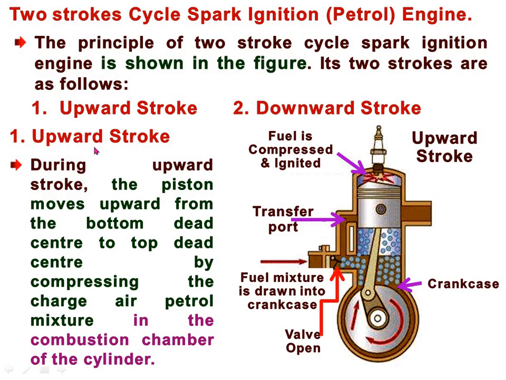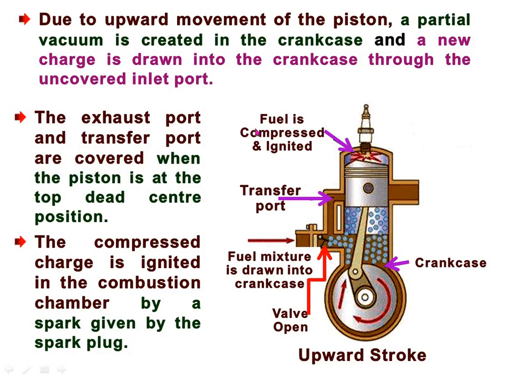Now we will see the 2-stroke cycle spark ignition engine, or our petrol engine. First we will see the principle. The principle of the 2-stroke cycle spark ignition engine is shown in the figure.